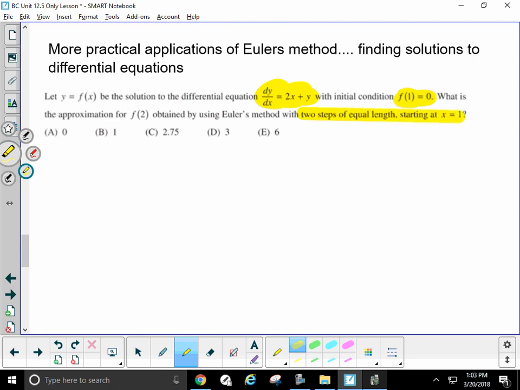Okay, you're figuring out what you're given, what you're being asked to find, and how many steps you're taking. All of that information needs to come here. You're given the point, you're given the slope. You want two steps, which means two tangent lines.